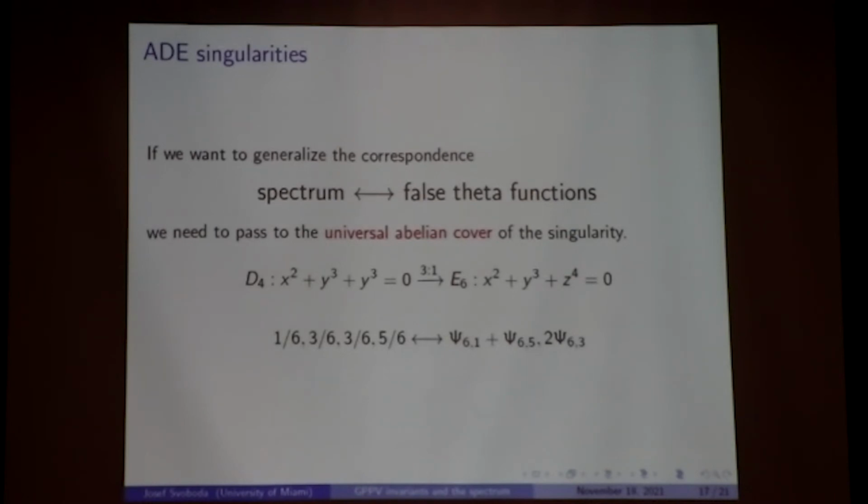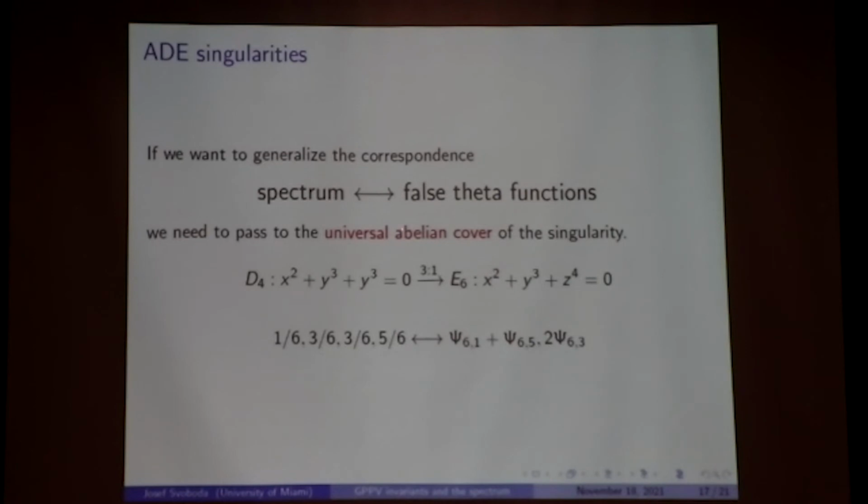And you can find a covering of this. You take the germ of the singularity, and you can find a three-sheet covering by the singularity D4. So it's easy to see. You have this, sorry, there should be C again. If you take an action of third roots of unity on this Y and Z, then when you do the quotient, you will recover E6.